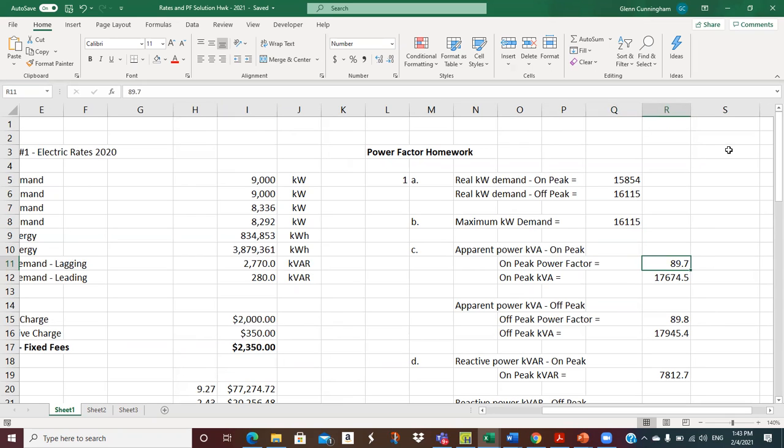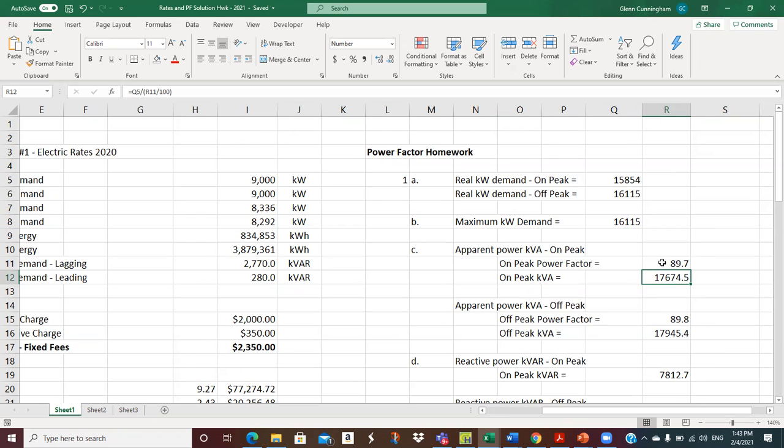Power factor for this one, it's the real, and then I guess I calculated it. Here's the kVA. What is that? Q5 divided by R11. I don't know what I did now. Oh, that's just dividing, that's calculated.